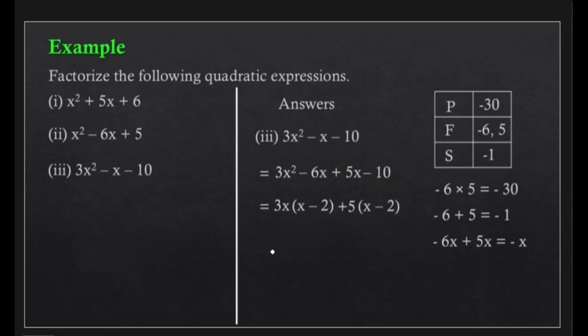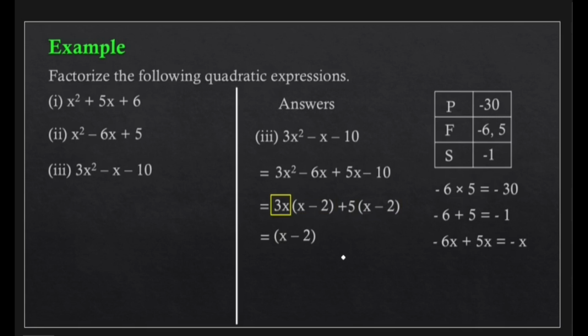Again we'll say equals. So now you will see that this expression here and this one still have a common factor, which is this. So we can still factor it out by writing it here. And now after we have factored it out, what we are remaining with is this and this.